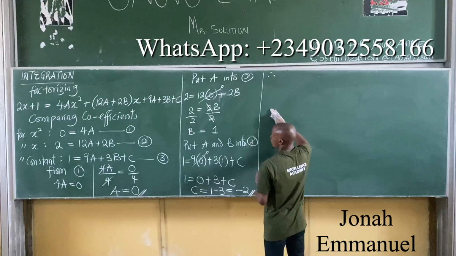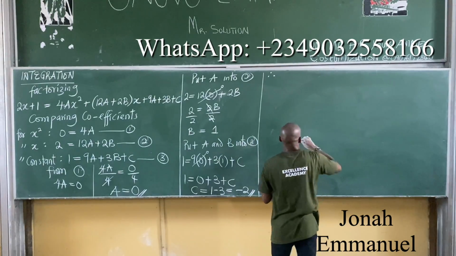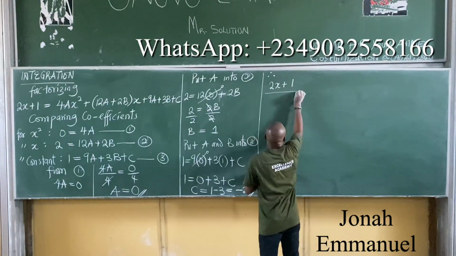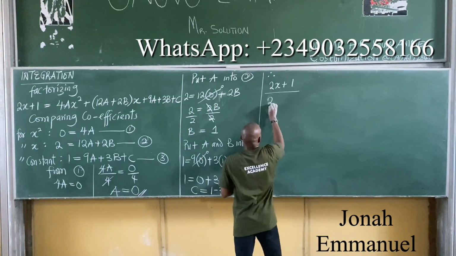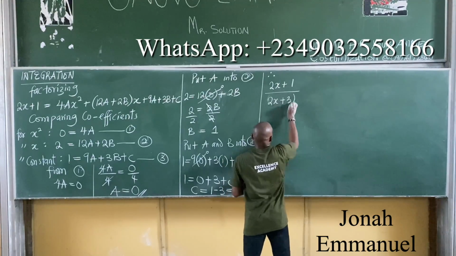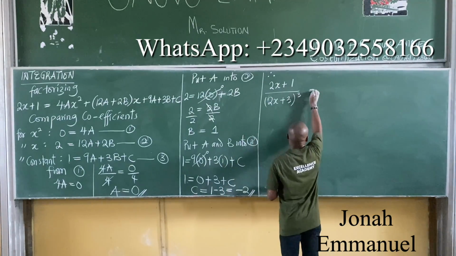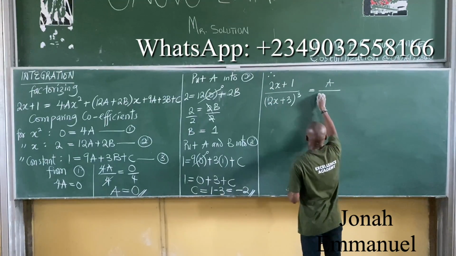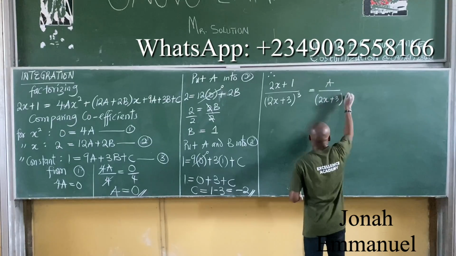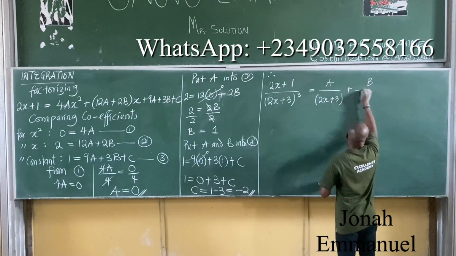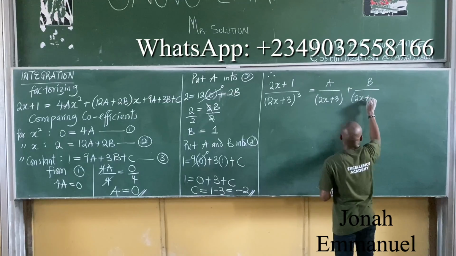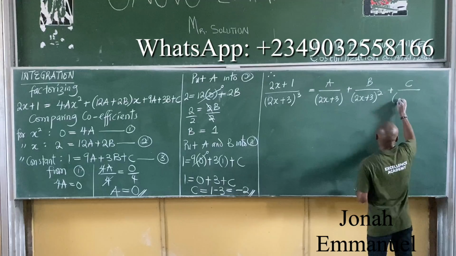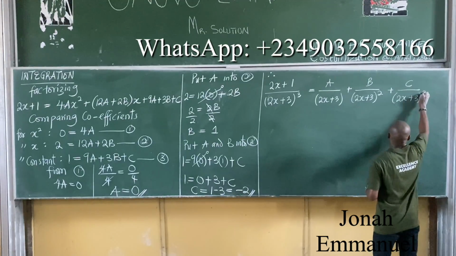Therefore, (2x plus 1) all over (2x plus 3) all cubed is equal to, we said, A all over 2x plus 3, plus B all over (2x plus 3) all squared, plus C all over (2x plus 3) all cubed.